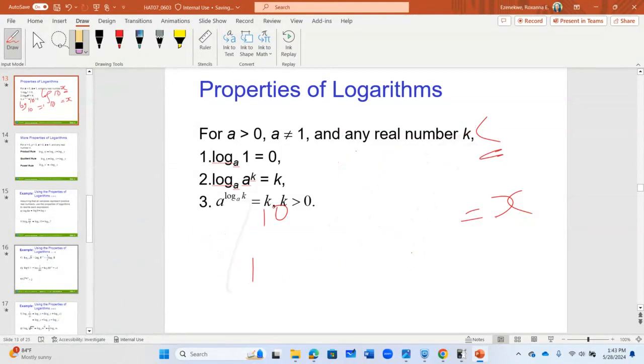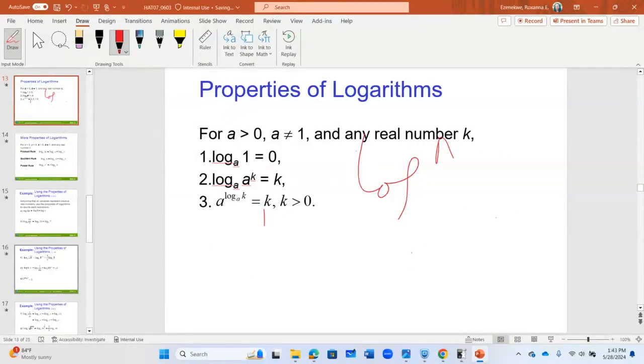Also, I can now generalize and say log of n to base n is equal to 1. Log of 5 to base 5 is equal to 1. Log of any number to its base is 1. We already saw e before.